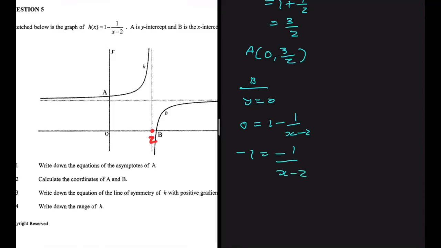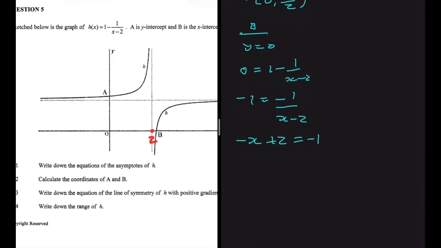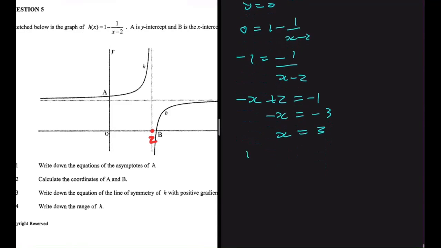So we can simply cross multiply here. If we do that, we're going to get minus x plus 2 is equal to minus 1. So we're going to have minus x being equal to minus 3, so x is equal to 3, right? So we have our coordinate B with 3 for the x value and 0 for the y value. Just like that, we have A and B.